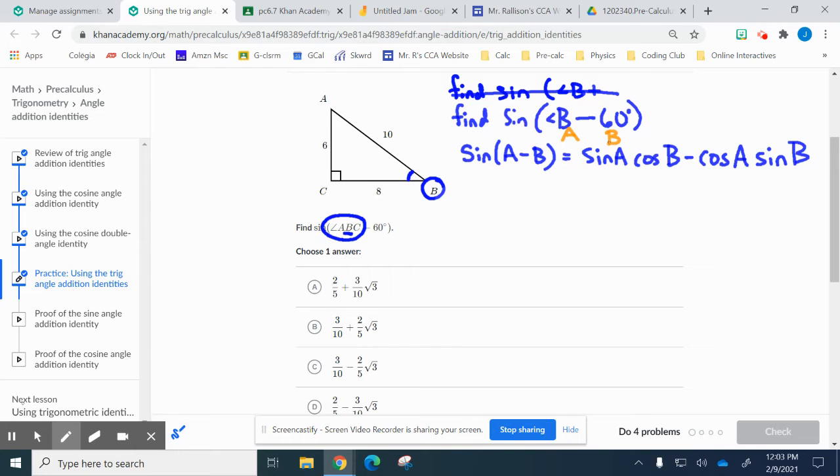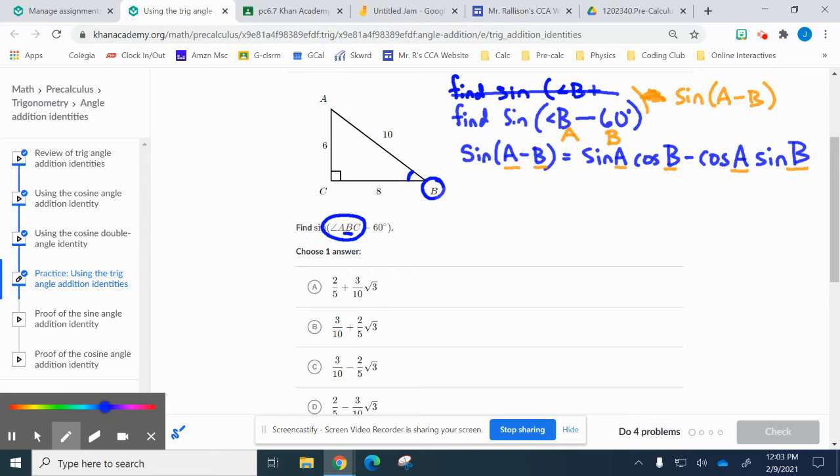This little identity says sine of A minus B, so these are the positions in the equation, not the angles on the actual triangle.